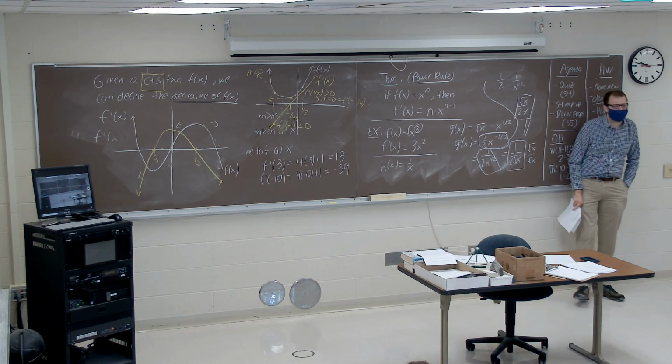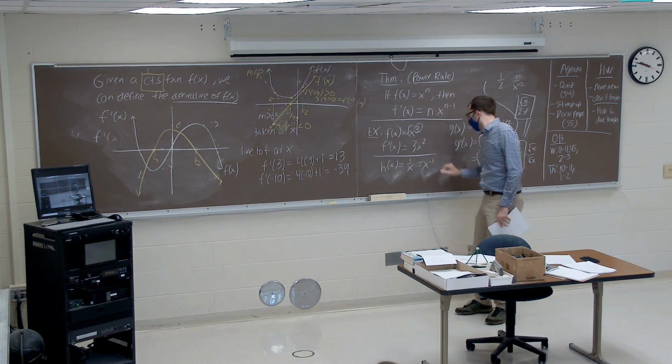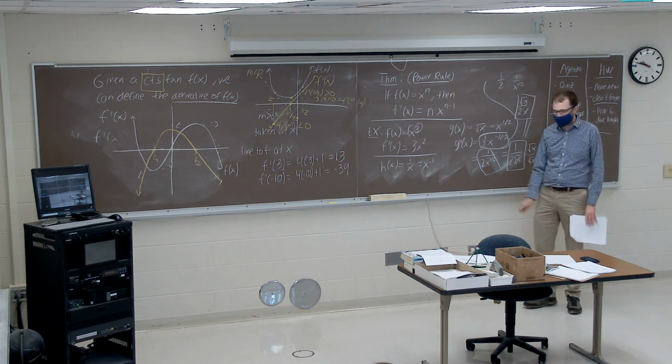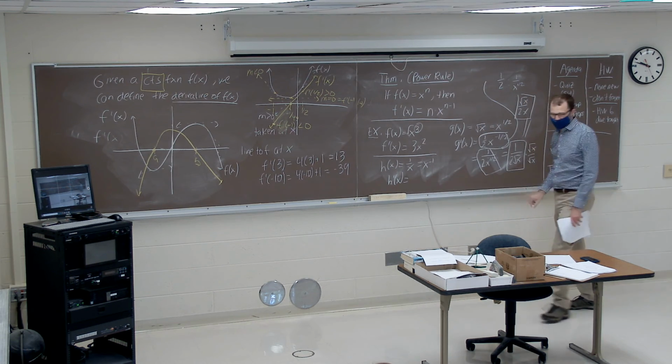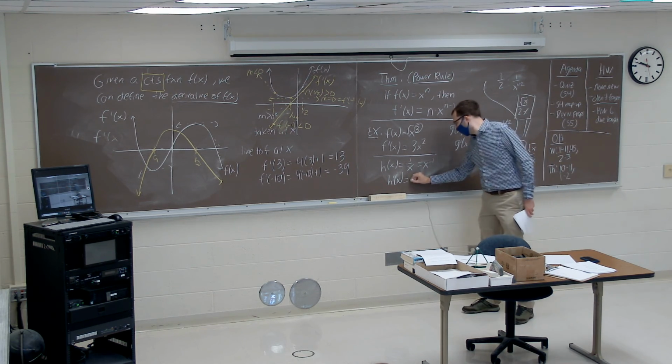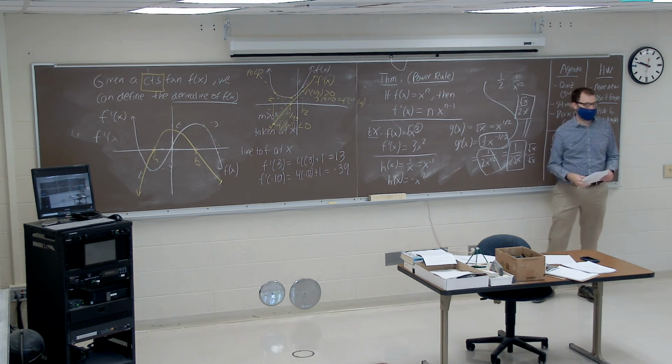Zach? Well, first you want to rewrite it as x to the negative 1. Then you go do the power rule. Okay, so what is the power rule going to give us? Negative 1 times x to the negative 2.